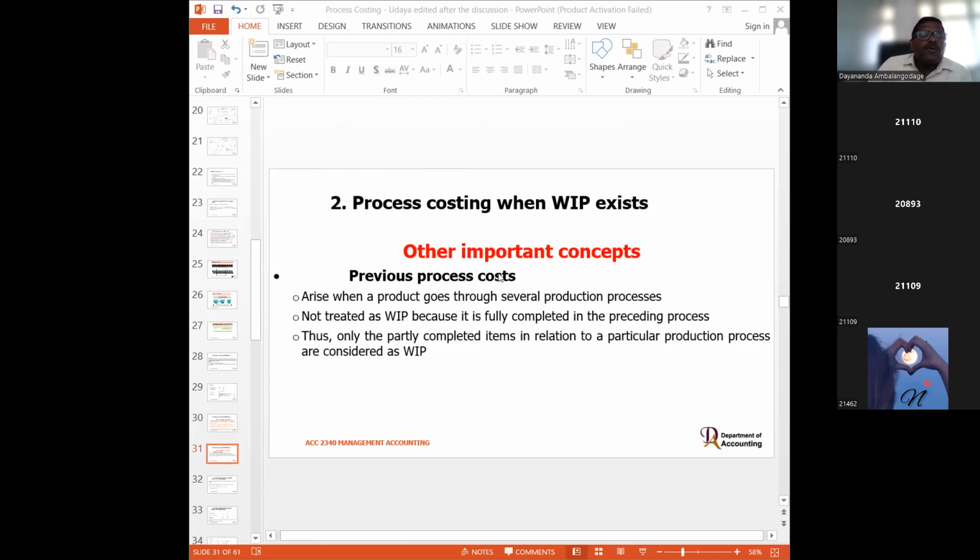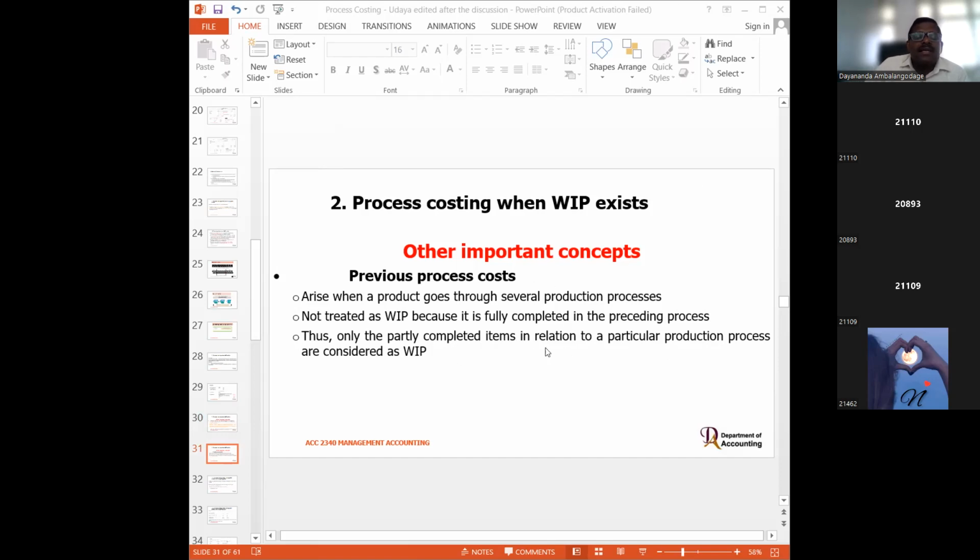Another important point: previous process costs arise when a product goes through several production processes. Suppose A and B, there are two processes. So you might have previous process cost, not treated as WIP because it is fully completed in the preceding process. So you don't consider it as WIP; you consider it as fully completed in the preceding process. Thus, only partly completed items in relation to a particular production process are considered as WIP.